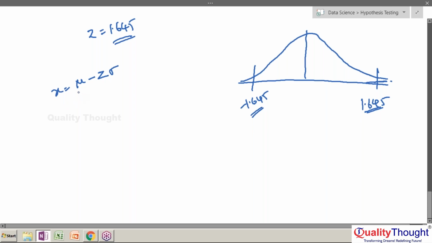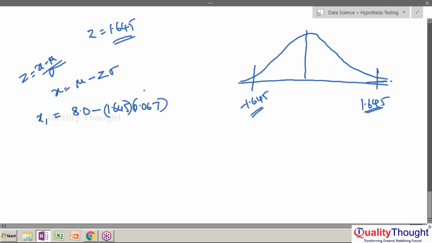How have I derived this? Z is equal to x minus mu divided by sigma. So x is equal to mu minus Z sigma. If you calculate this, x1 is equal to 8.0 minus 1.645 into 0.067.